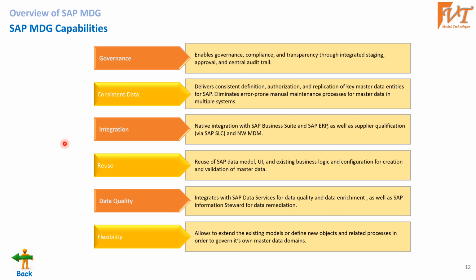If we want to create a custom solution, it is very easy because of the reusability functionality of MDG. And if we want to enhance the standard functionality of MDG for any master data, it is very easy to enhance the standard domain functionalities. So that is at the high level.